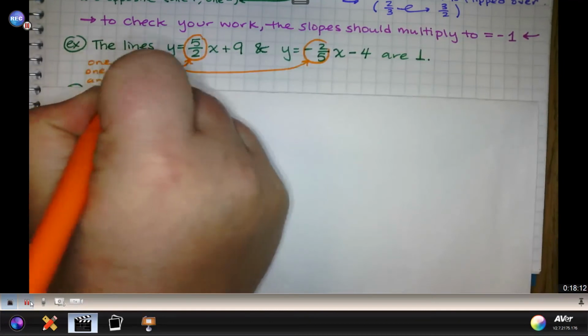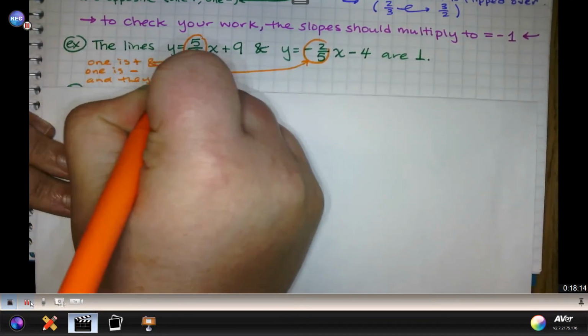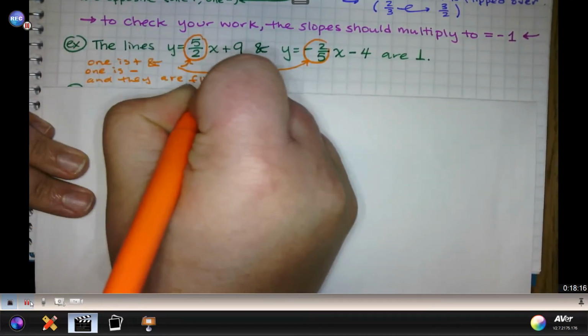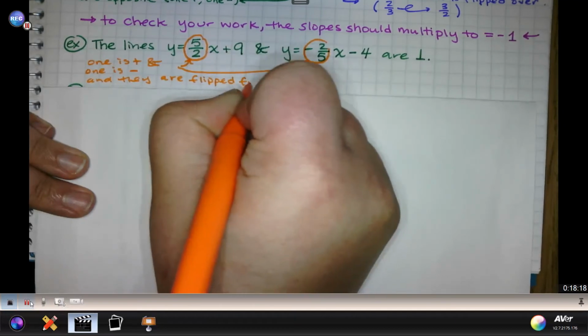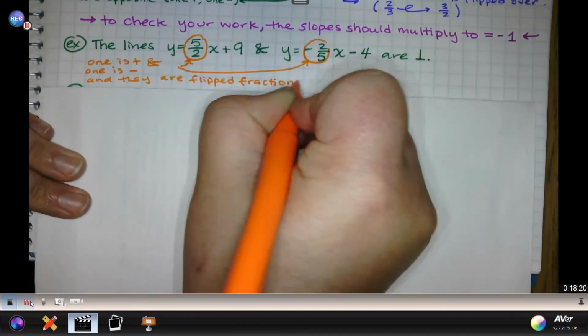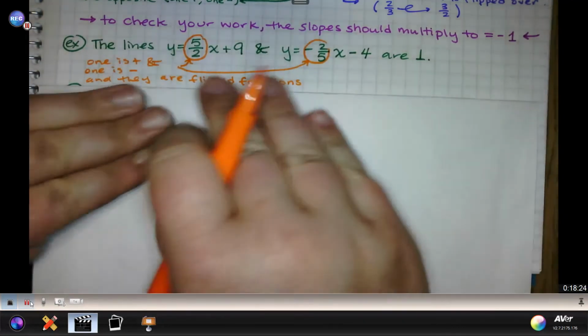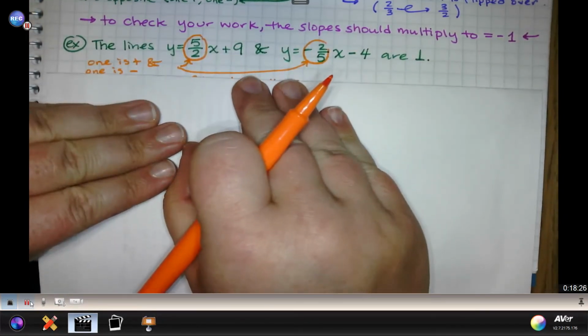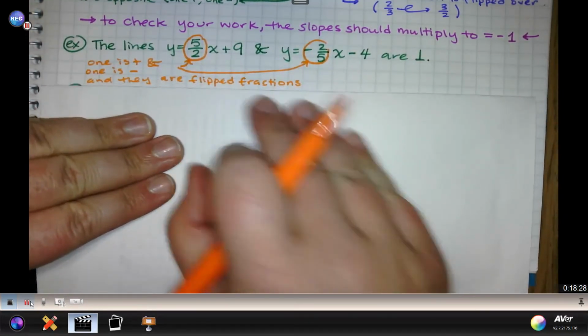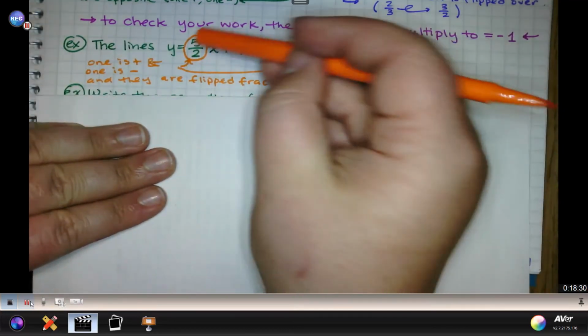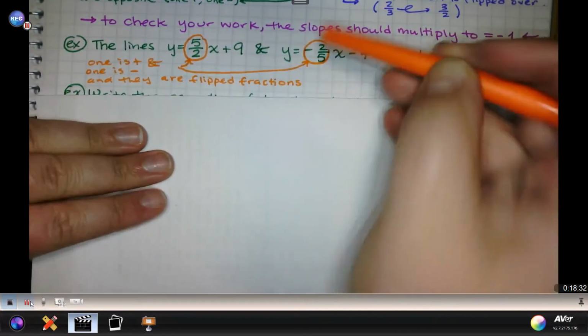And they are flipped fractions. Okay, this is just the long way of saying opposite reciprocal. One is positive, one is negative, means they're opposites. Their flipped fractions mean they're reciprocals, because this one's 5 over 2, this one's 2 over 5.